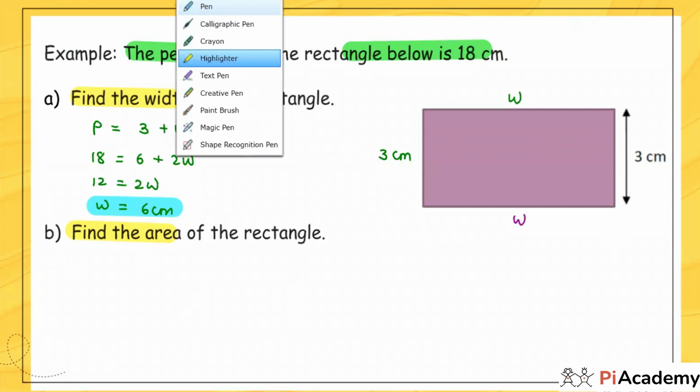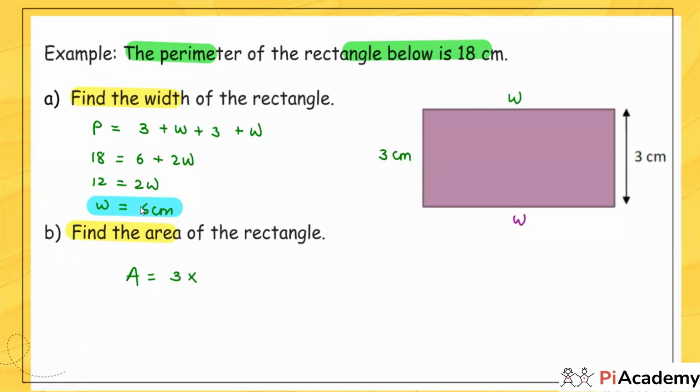Area equals width times length, or length times width. The answer is the multiplication of 3 and 6, so 3 times 6, and that is 18. But make sure the unit this time is square units, so it is going to be centimeter square, whereas for the perimeter it is just centimeter, right?